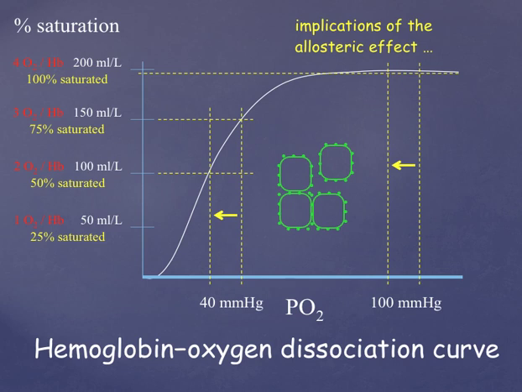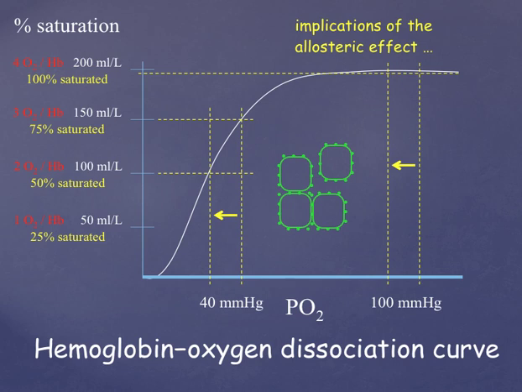Now you see a steep part of the curve associated with partial pressures that we might see in venous blood, in blood leaving the muscle, or in the muscle. What you have there is, if the partial pressure is 10 millimeters of mercury less, so if we're talking in the muscle and the mitochondria are using up that oxygen fast, so the partial pressure is less, then the amount of oxygen that can be carried by the hemoglobin is reduced dramatically.